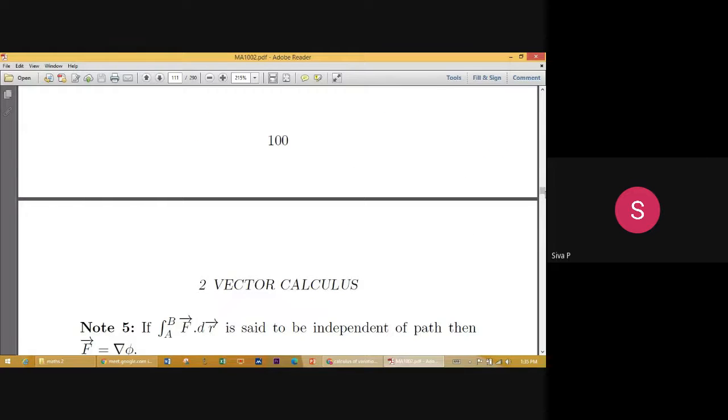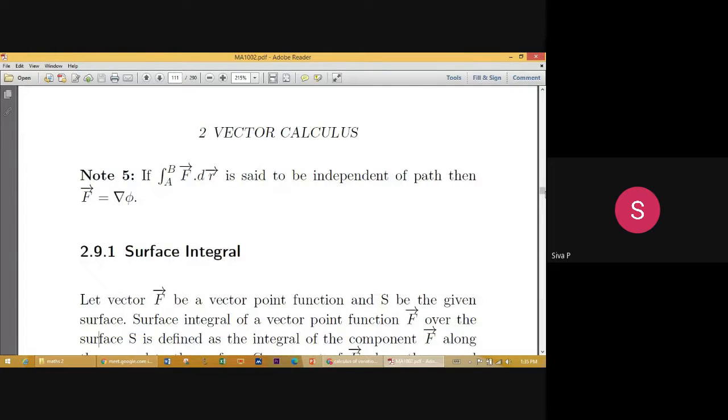Note 5: if the integral from A to B of F dot dr is independent of path, then F equal to del phi, but del cross F equal to 0. F can be expressed as del phi, where phi is called the scalar potential. This is an important point from vector analysis. Okay, now we can continue.